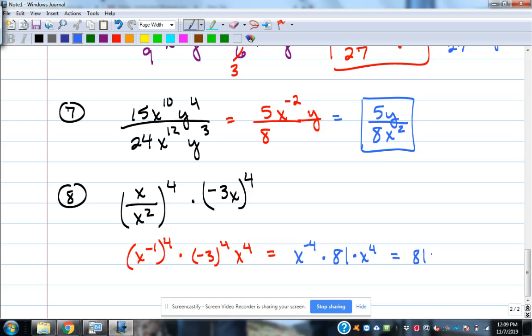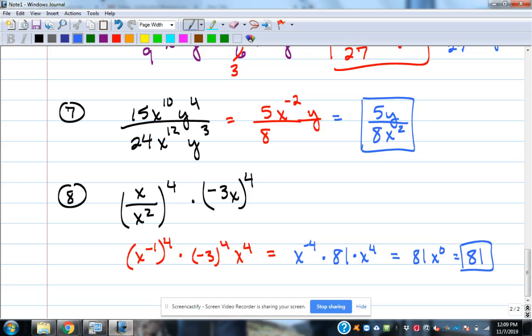It's 1. So the x is going to cancel out and get us just 81. Because what times 81 gets us 81? 1. That's the only way to get that back. 81 is our answer choice there.